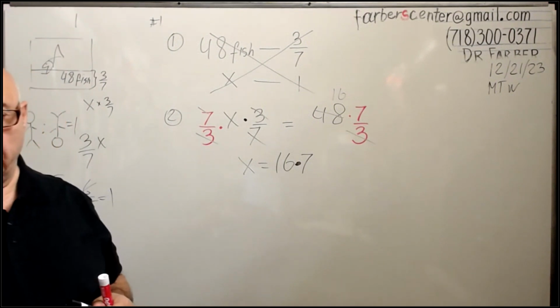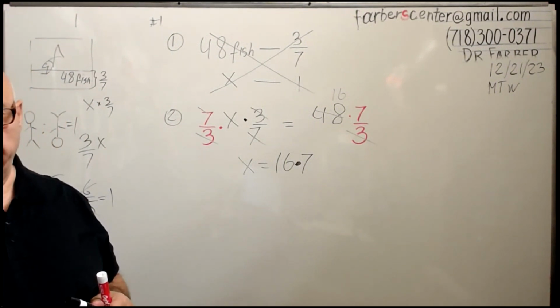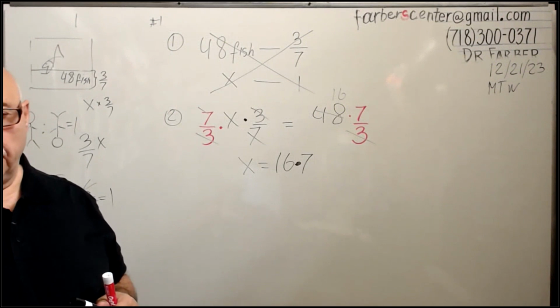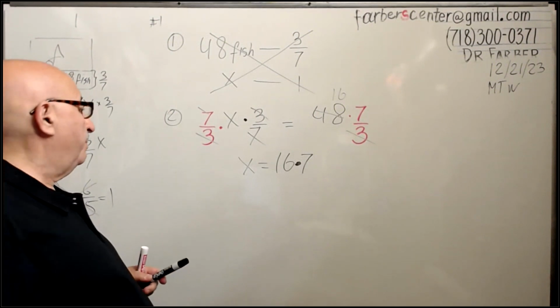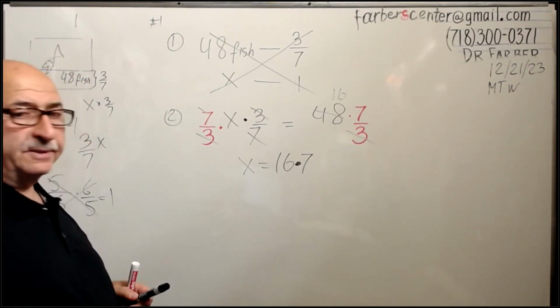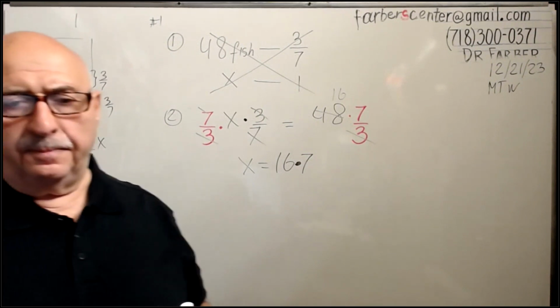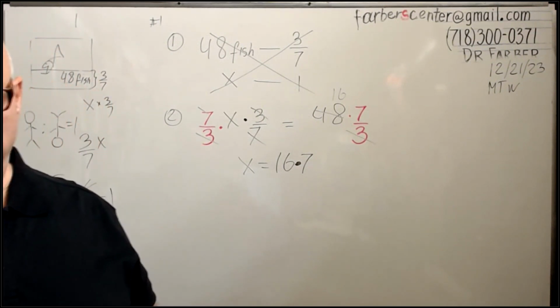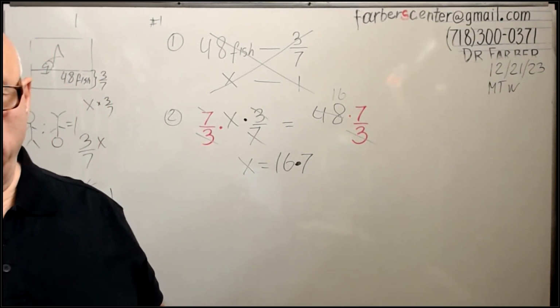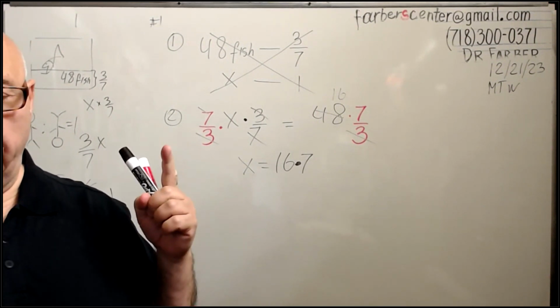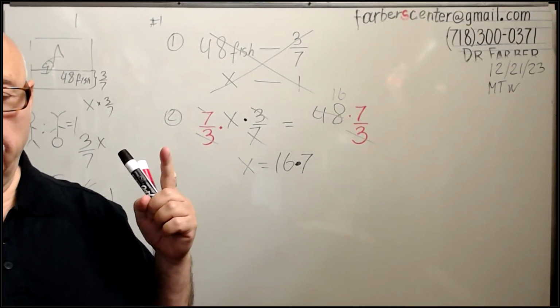Product of two reciprocals equals 1. Good, good, good. Now, next step. Dr. Farber, why did you do 7 over 3? I want to have 1x, right, Tiffany? Yes.